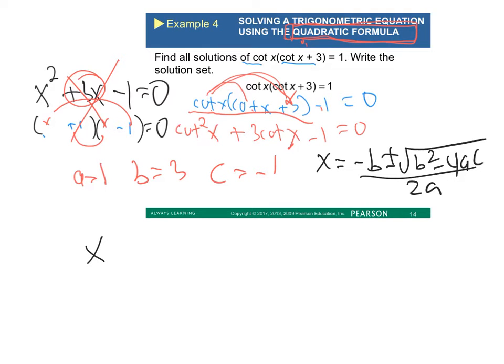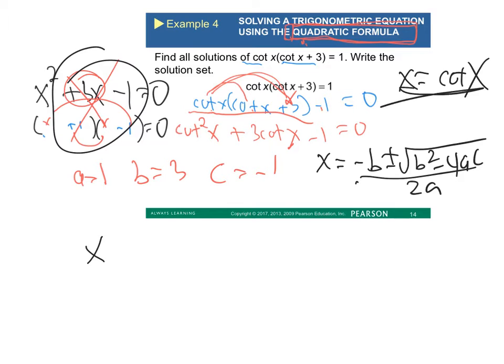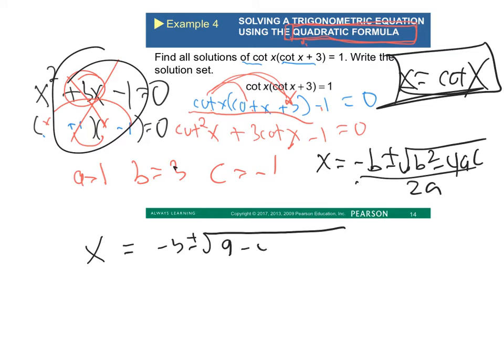x equals, now remember I'm pretending this right up here, but x is really cotangent of x. Don't forget it. But right now I'm keeping it simple. x equals minus b, which is minus 3, plus or minus the square root of b squared, that would be 9, minus 4 times a times c, which is -1, all over 2 times a, which is 2.